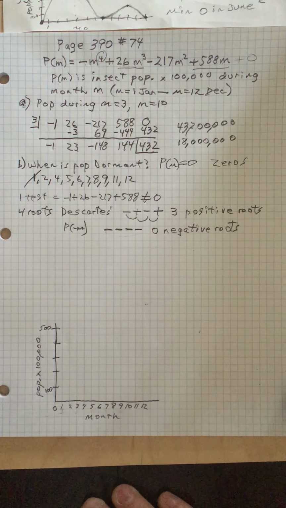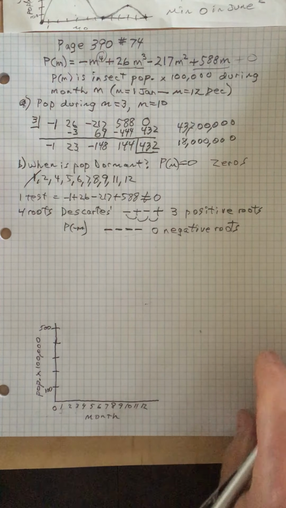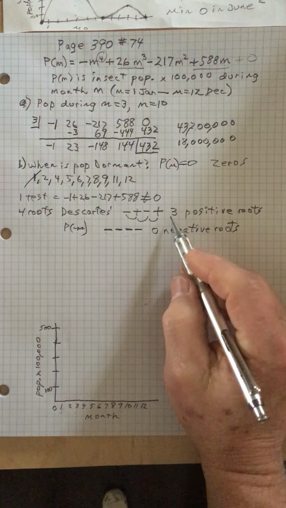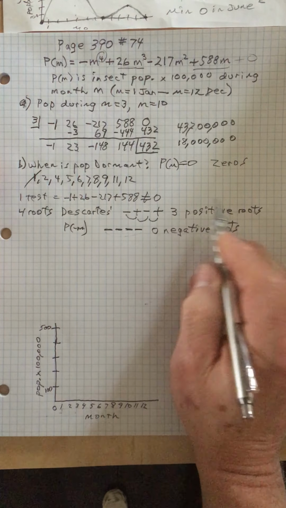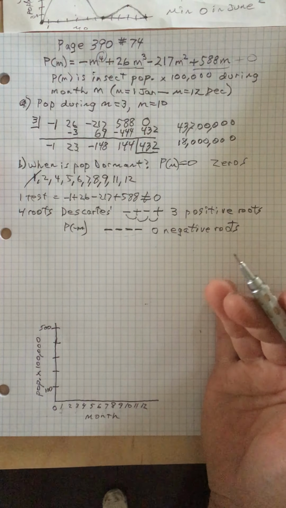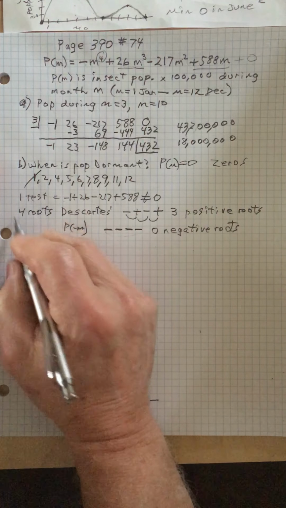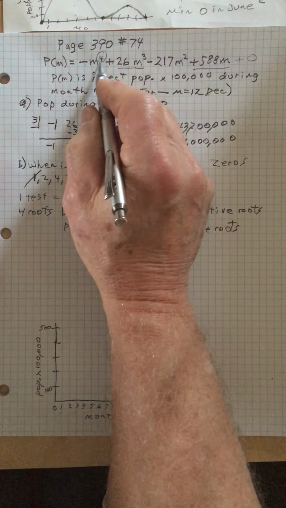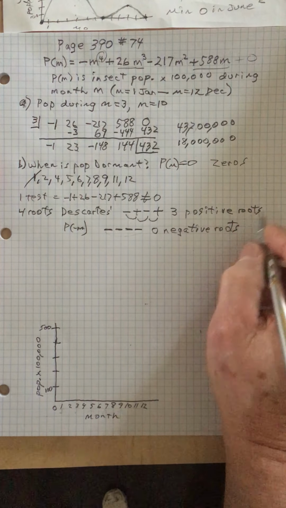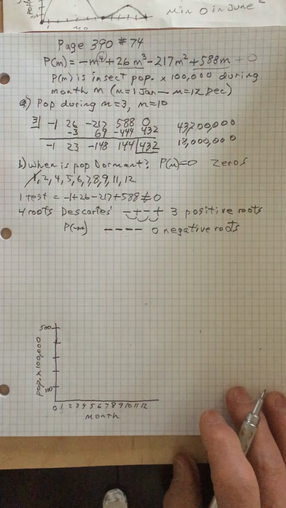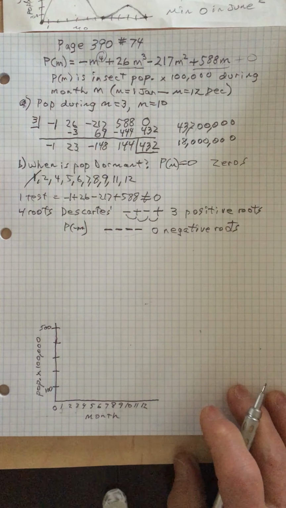And of course, we're only interested in positive roots anyways. But what does that mean here? I can have 3 positive roots. That means I'm going to have a root that repeats because I need 4 roots total to meet the degree. So I'm going to have a repeater here. We don't need to write that down, but that's something we can be aware of.